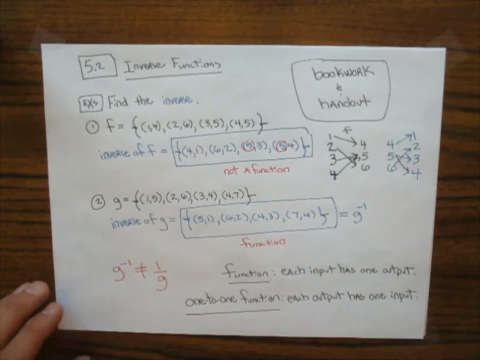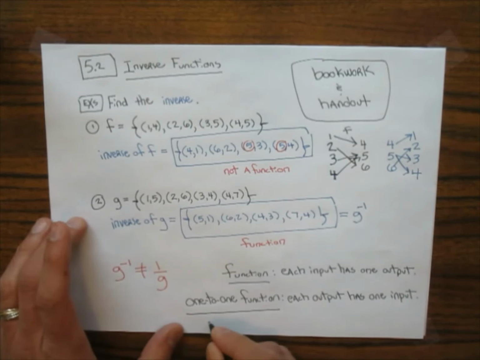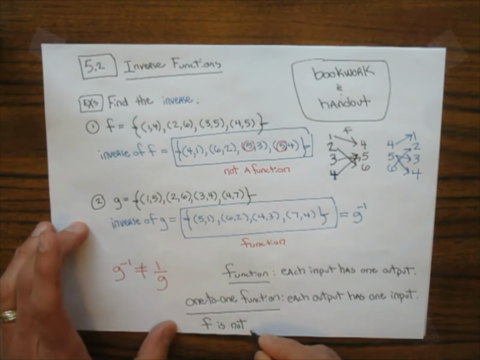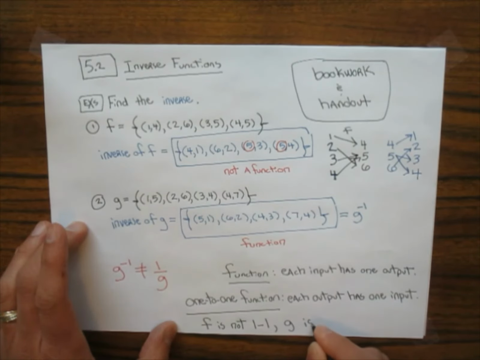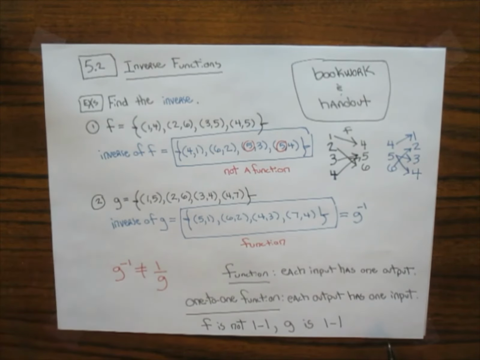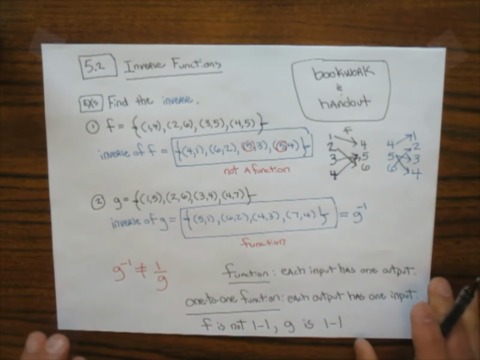So we'll write this down. f is not. Now, we don't always want to write 1-to-1, so we're going to use this notation right here. So 1, a dash, and a 1. f is not 1-to-1. g is 1-to-1. And so that's what we have here.